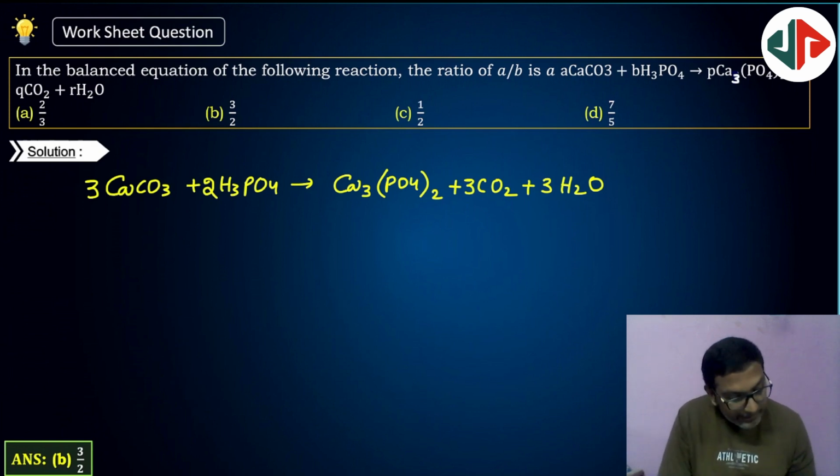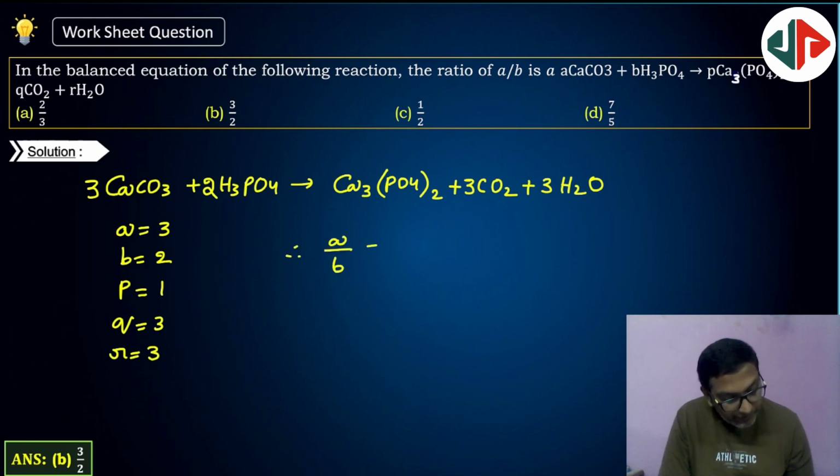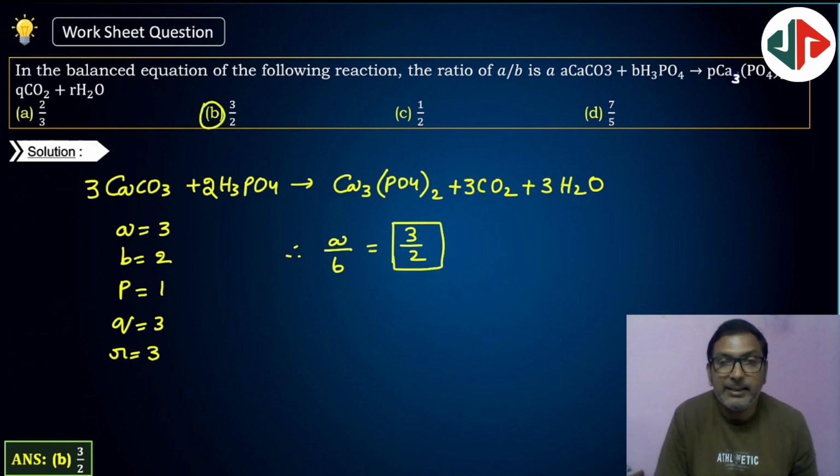So here A is 3, B is 2, C is 1, and P is given as 1, Q is 3 and R is 3. Therefore, A by B is 3 by 2. Option B. Simple, just balancing only.